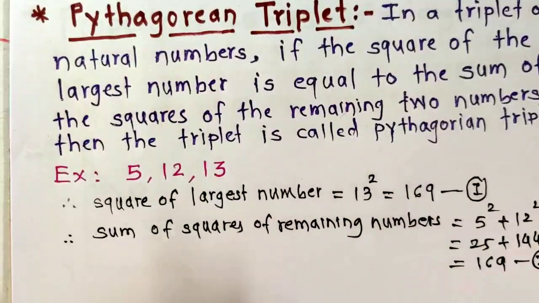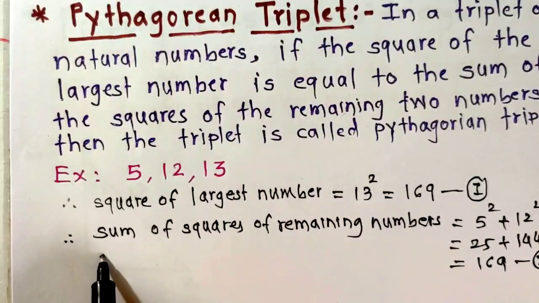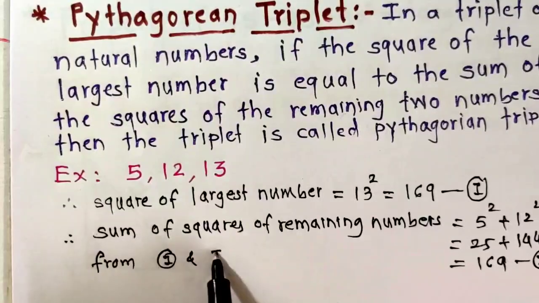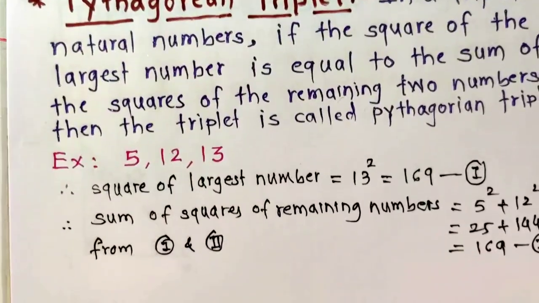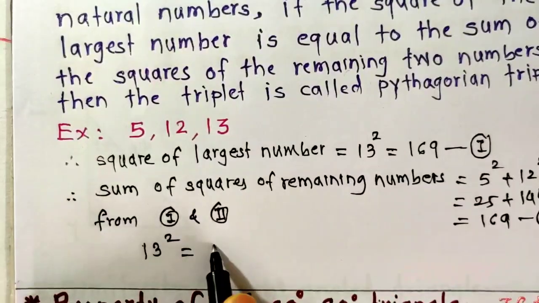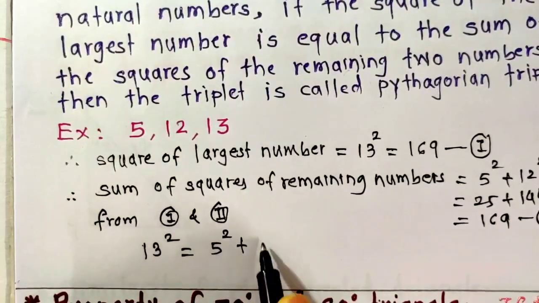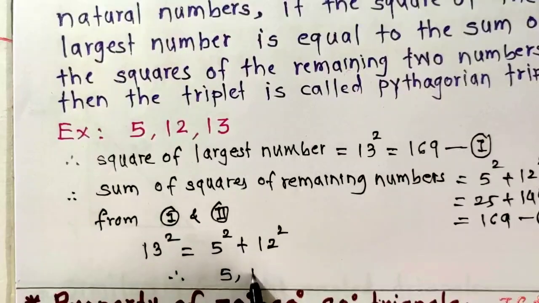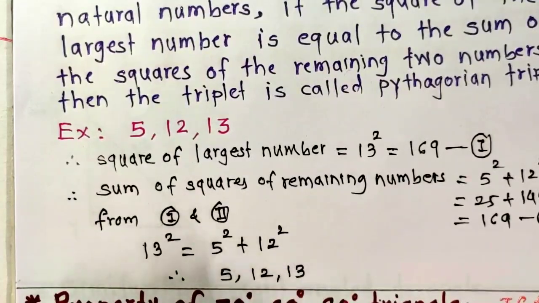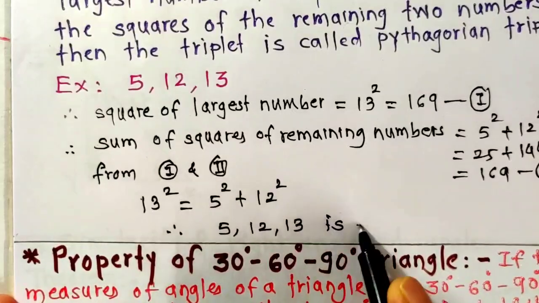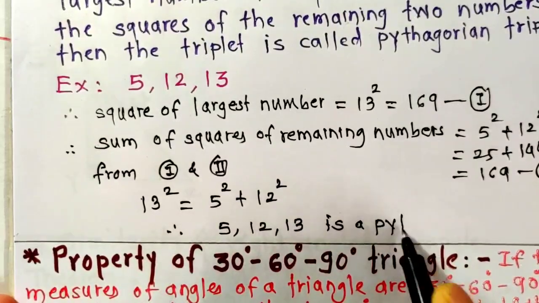This is our statement number 2. So what can we write? From 1 and 2, 13 square, means largest number square, is equal to 5 square plus 12 square, and therefore our conclusion is: 5, 12, 13, this group of 3 numbers is a Pythagorean triplet.